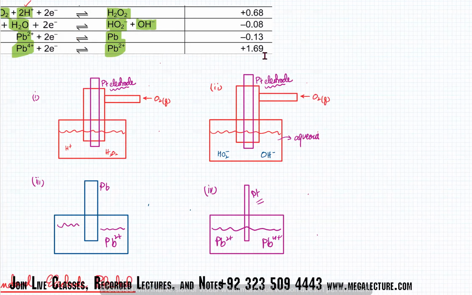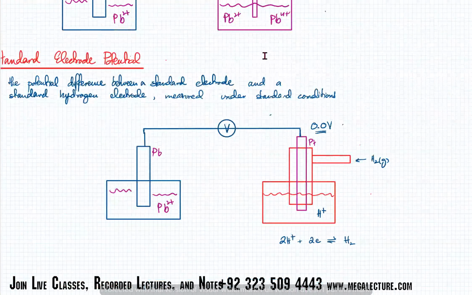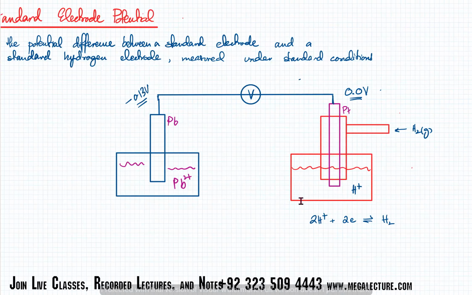That's minus 0.13 volts. So basically, you measured the potential of the lead electrode against this standard hydrogen electrode. And you figured out that it had a slightly lower potential. It was minus 0.13 volts compared to this one. So every potential is measured against this reference electrode, and there's one thing missing, and that's your salt bridge.